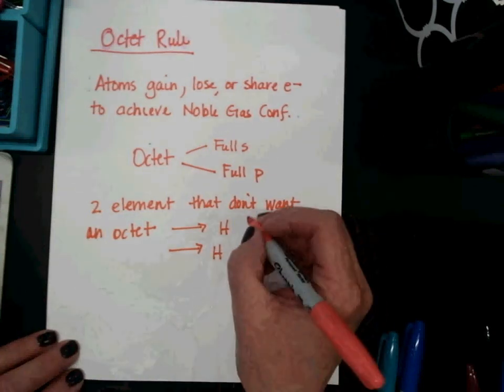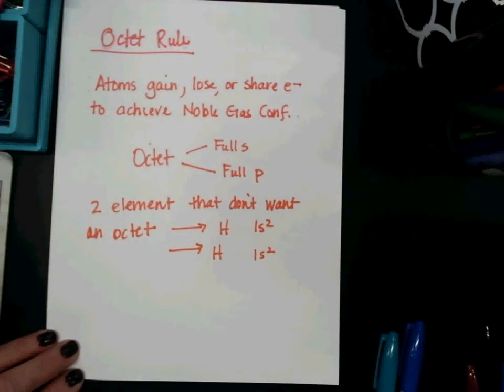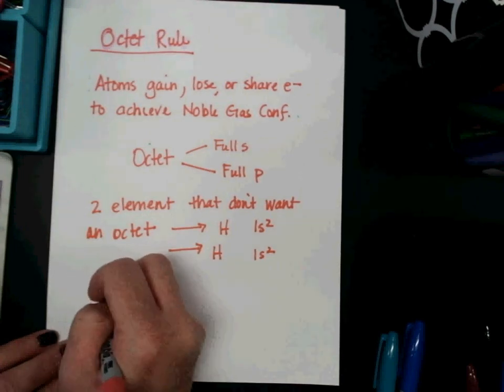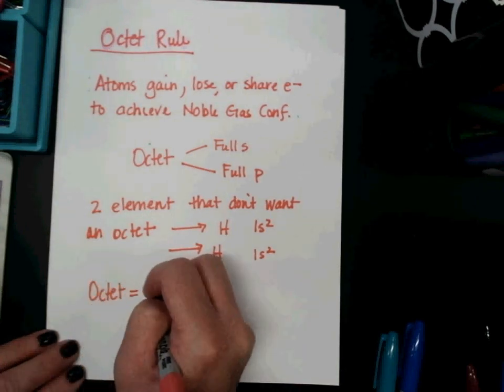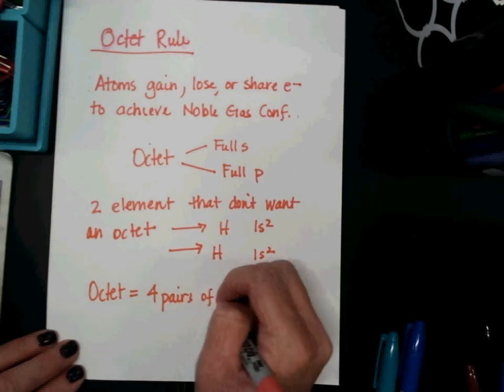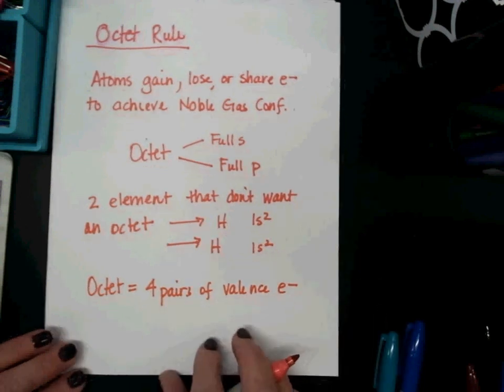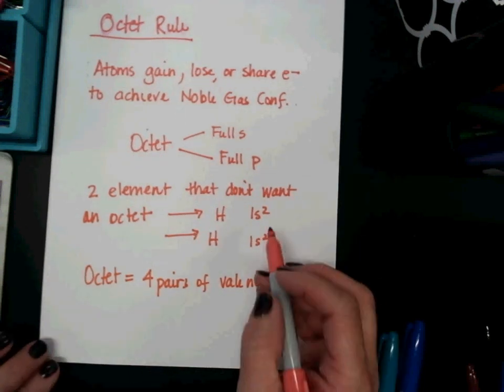That is hydrogen and helium, because both of these only want 1s2 full, because they only have 1 energy level. So they only have those 2 sublevels in which to place their electrons. The other way I can think about an octet is 4 pairs of valence electrons.